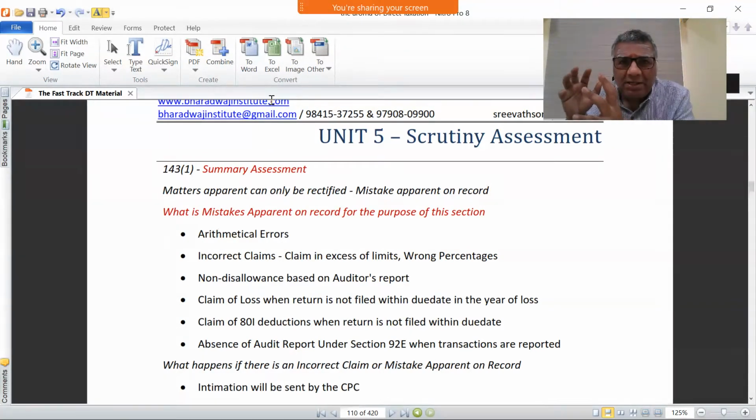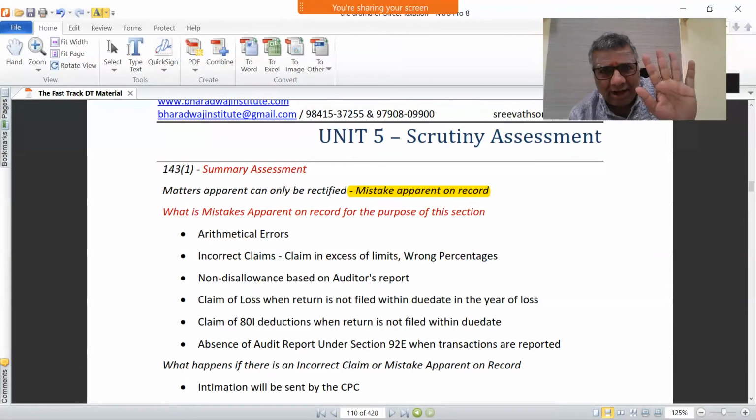What is meant by prima facie adjustment? The law uses the terminology mistake apparent on record, which means there is no debate possible. I filed a return with a mistake.